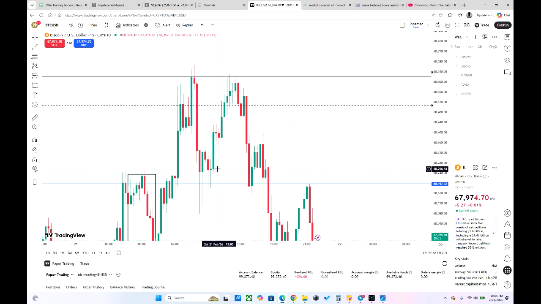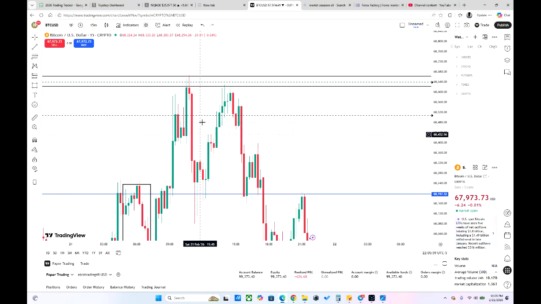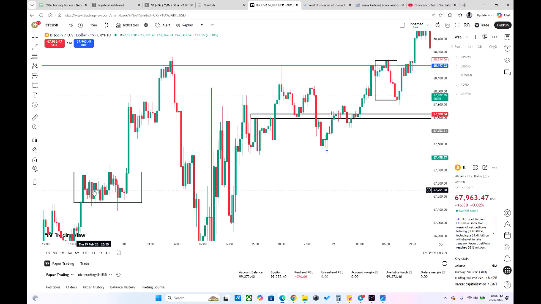From this point, 256 to 618 is $400, and this is in the space of 2 hours. 5 hours with 150 versus 2 hours with 400. That's a big difference.